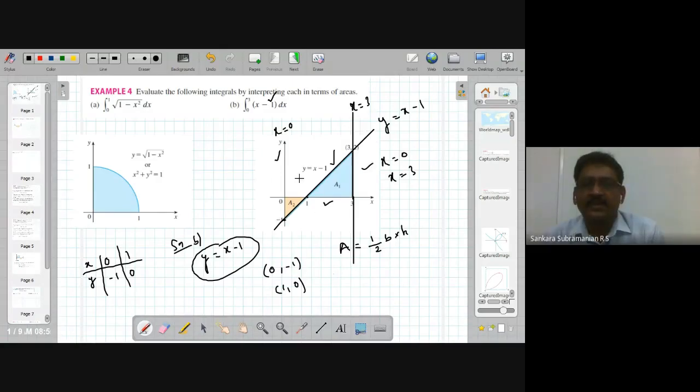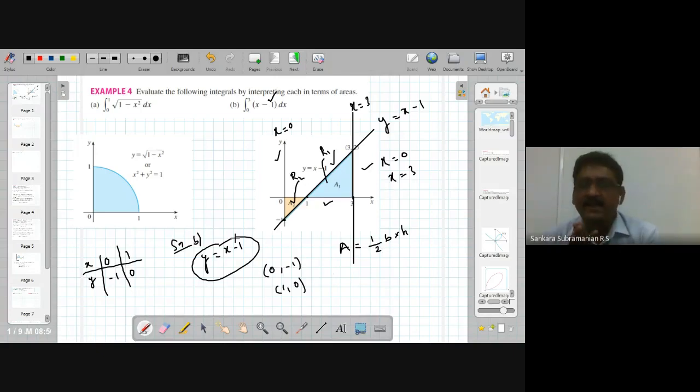By observing these 4 lines, we can see that the area has been split into 2 regions. This is region 1, region 2, or area 1, area 2.